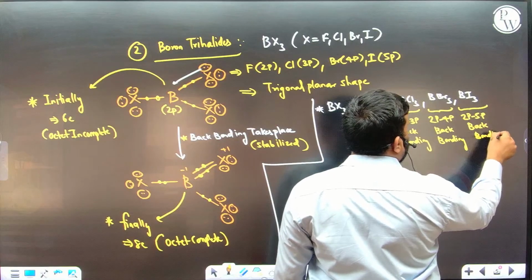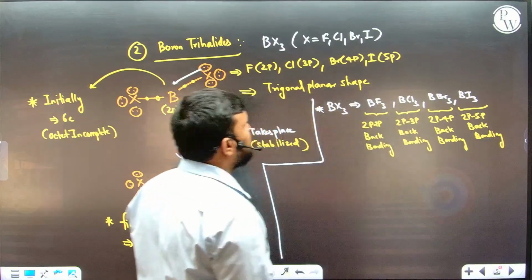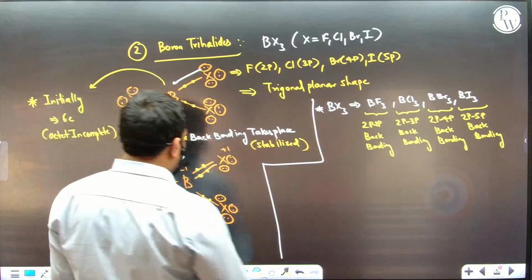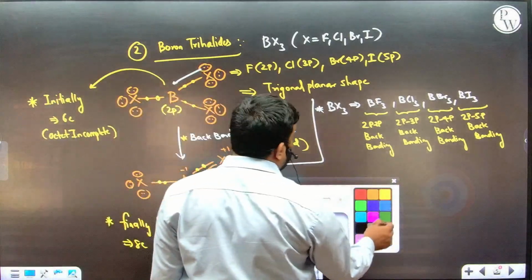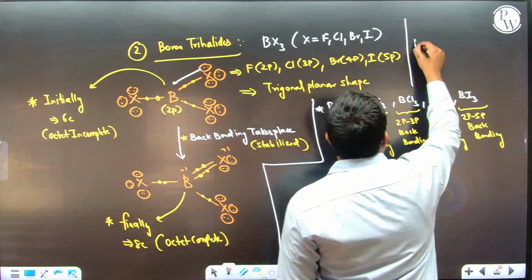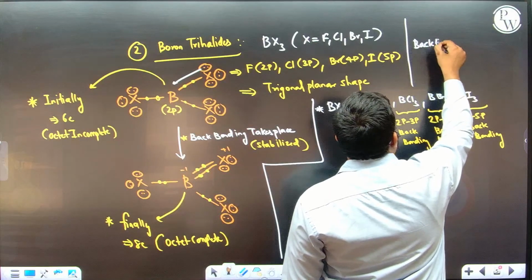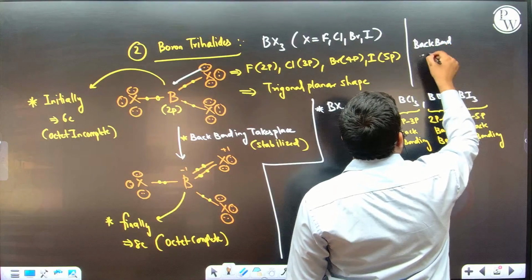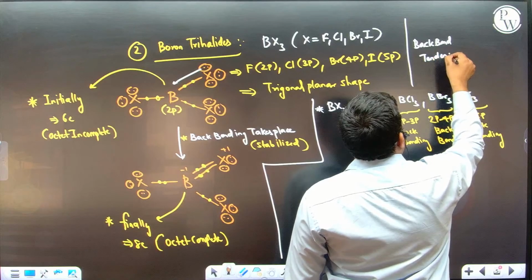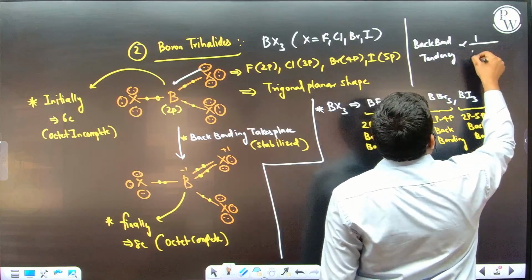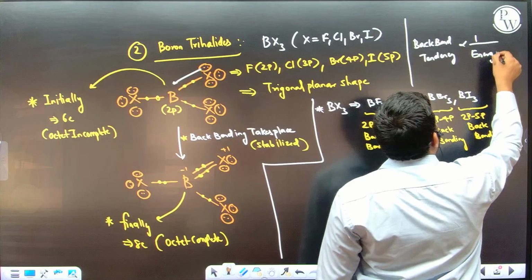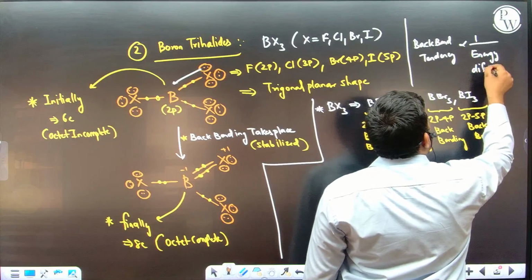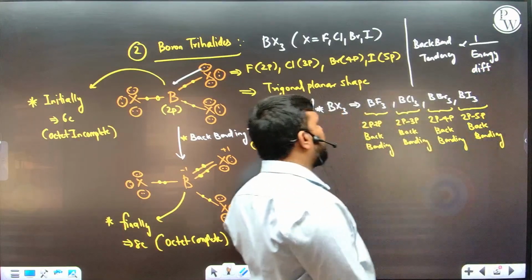Okay? And as I told you, as an energy difference is created, the back bonding tendency will decrease. Back bonding tendency is inversely proportional to energy difference. So the more the energy difference, the less the back bonding.